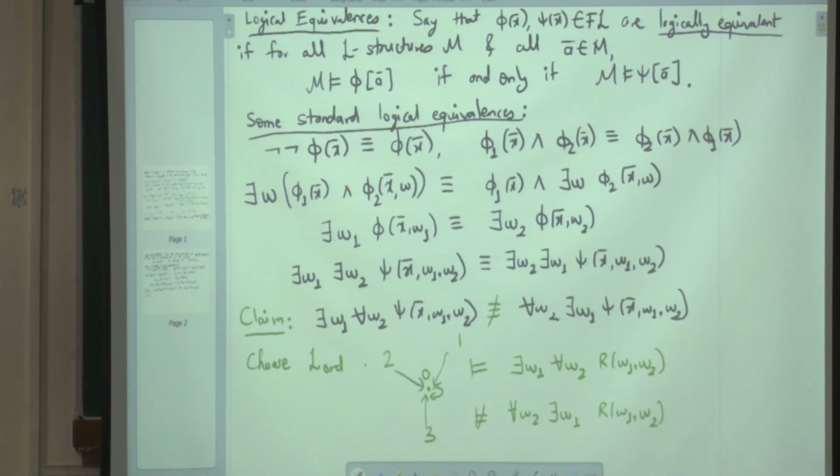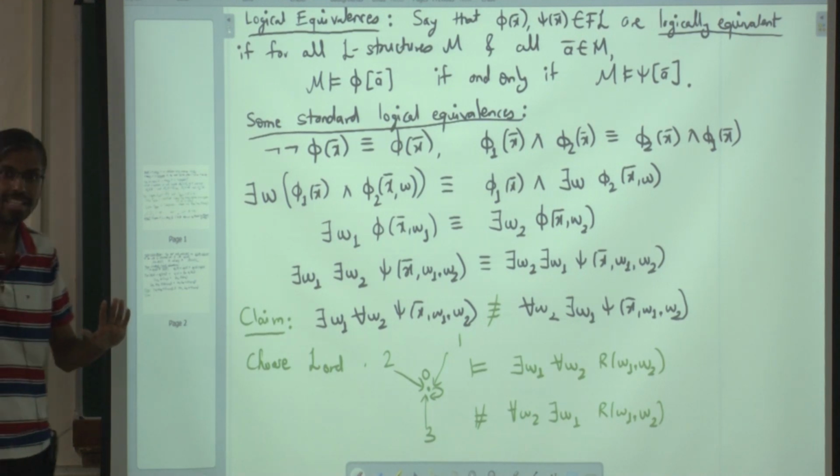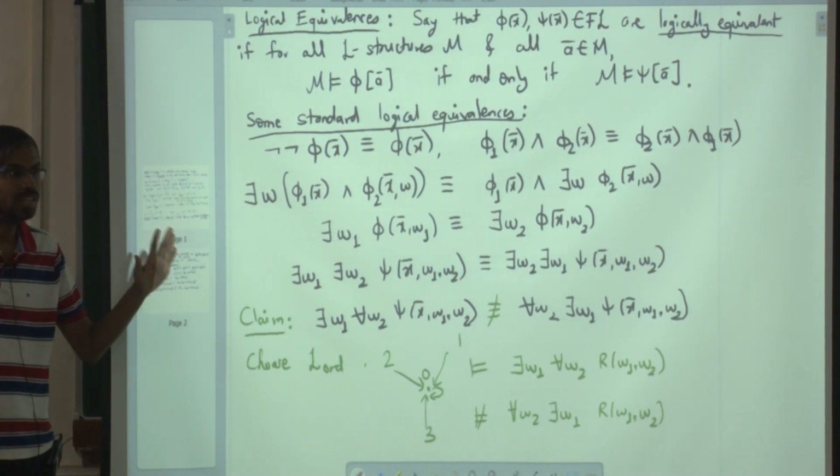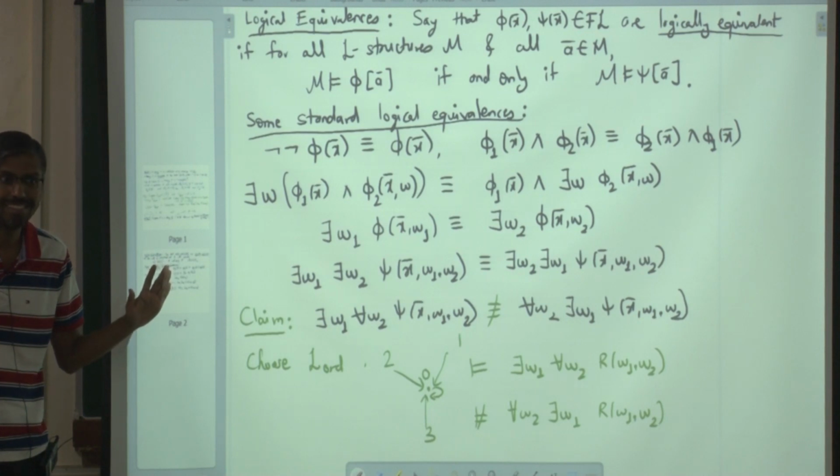Very good. But you had to write it. If at all you are given such an exercise, then you had to write it. You had to justify why in this particular graph, and how do you do it? By steps. This is not for showing off that you can do mental computations.